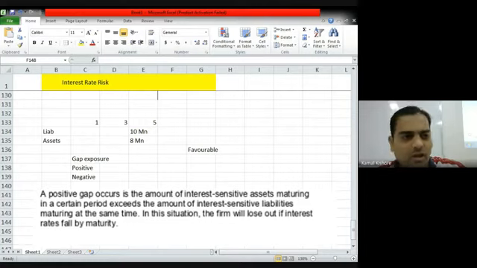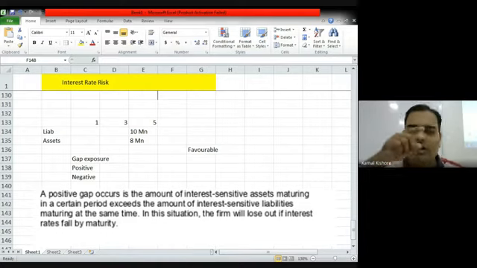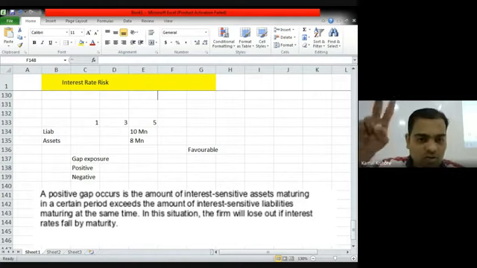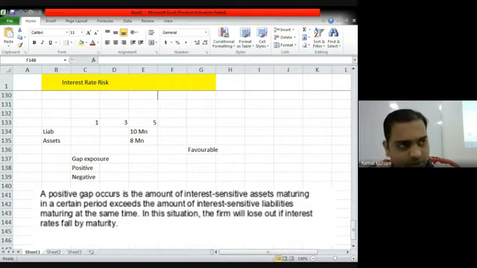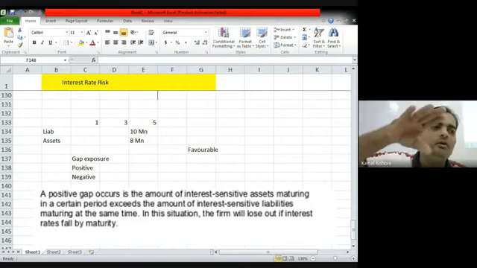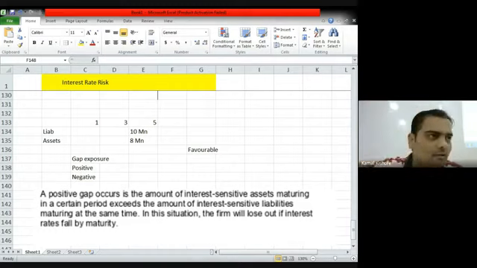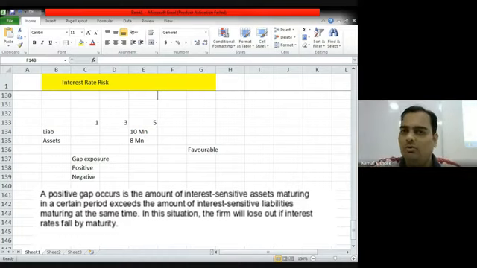Higher the maturity, higher the risk, so higher the yield or higher the return. Then the expectations theory is that in the normal scenario, inflation will increase, and that will cause interest rates to increase. So these two theories, mainly liquidity preference and expectations theory, cause the yield curve to change and to increase, upward sloping.